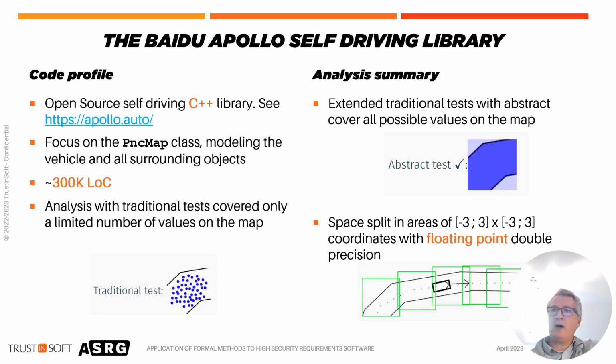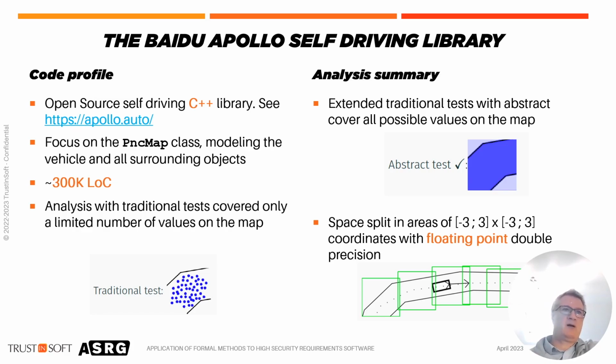Before analyzing with formal methods, it was validated with traditional testing. But the drawback is traditional tests could only verify absence of software misbehavior, and undefined behaviors, for a particular position in space of the vehicle and surrounding objects.